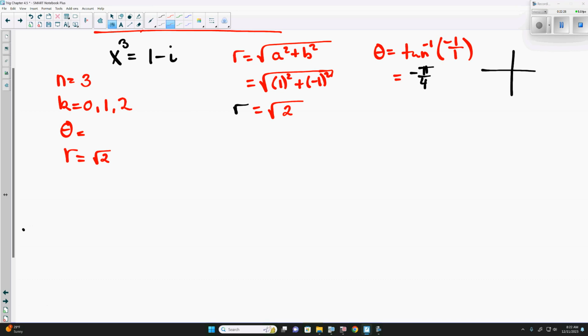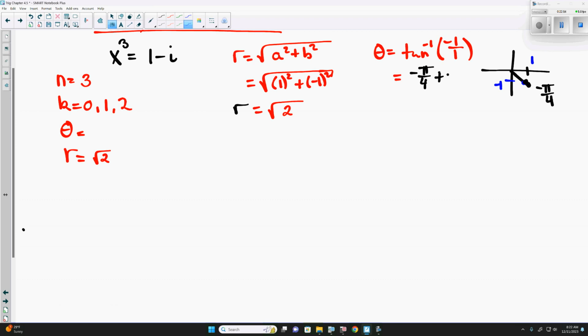And that's fine and all, because negative pi over 4 is down here in the fourth quadrant. If we graphed 1, -1, it would indeed be down here in the fourth quadrant. So they do line up, but we do need this to be between 0 and 2 pi when we start, because it makes things a little bit nicer.